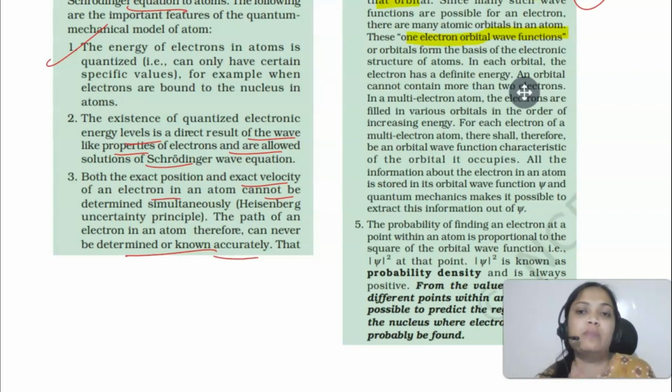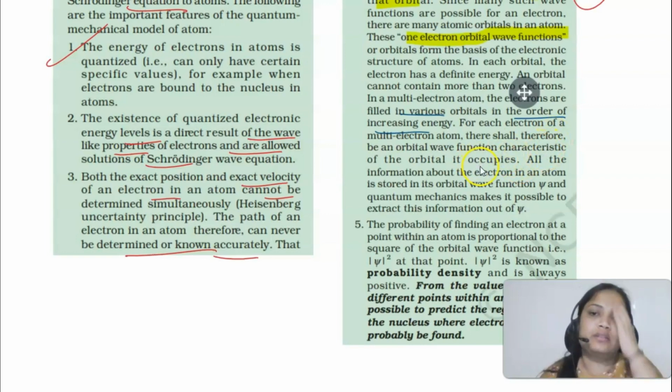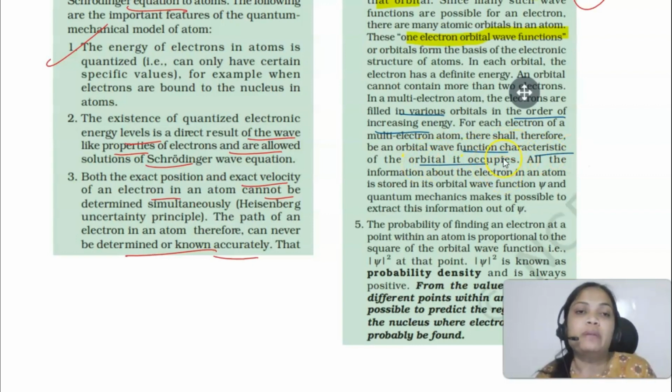And if I talk about a multi-electron system, the electrons are filled in order of increasing energy, which we will be studying later. So for each electron in a multi-electron system, there is an orbital wave function characteristic of the orbital it occupies. Means for each orbital, there will be a characteristic wave function.